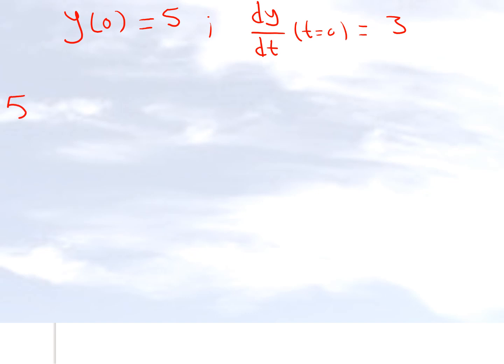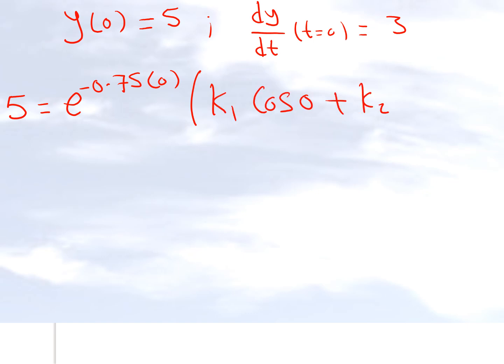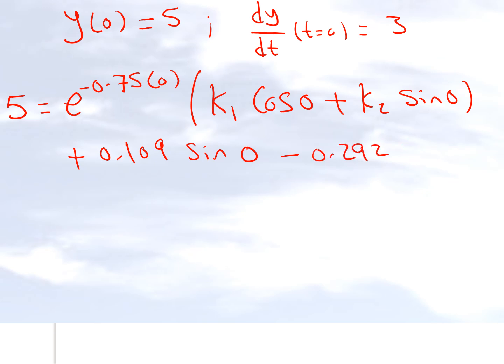So we have 5 equals e to the minus 0.75 times 0 times (k1 cosine 0 plus k2 sine 0) plus 0.109 sine 0 minus 0.292 cosine 0. So I use the expressions that I have for the exact solution. I substitute every t by 0 and equate to 5.